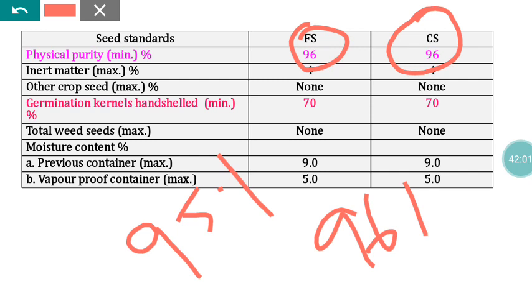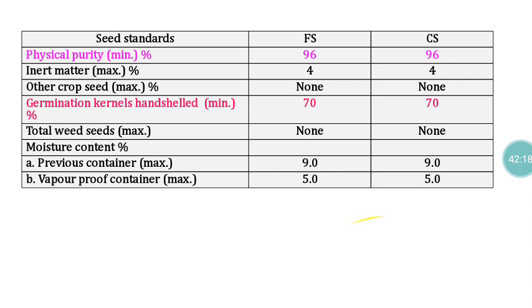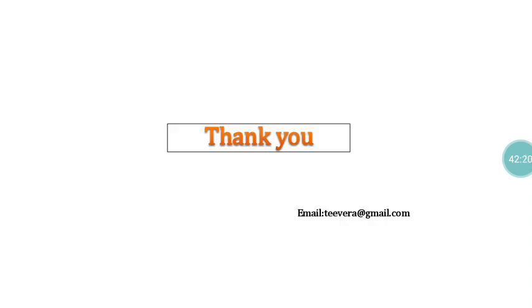So groundnut is one of the exceptions. Here for both FS and CS we have to maintain 96% physical purity. Again for storage also, we have to reduce the moisture content very low. So these are all the matters with reference to groundnut.